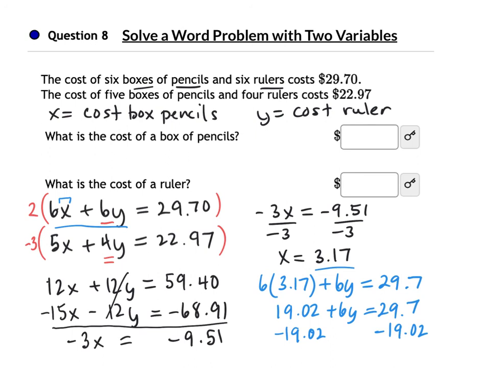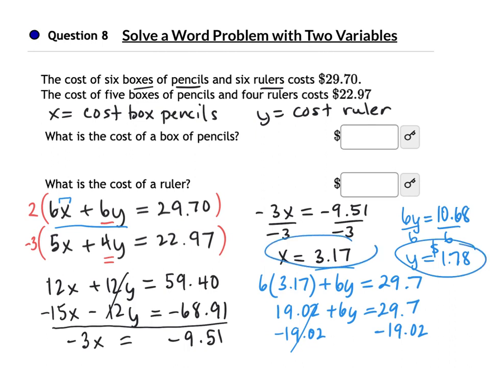And we get, I'll move this up above, 6y equals 10.68. Divide by 6, and y will equal 1.78. That's $1.78. So we have $1.78 and 3.17.